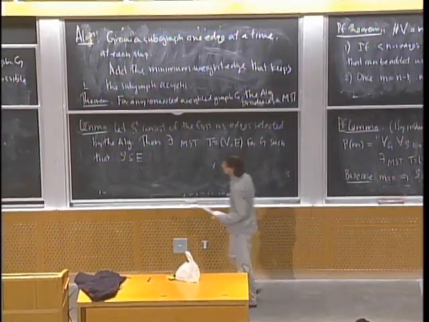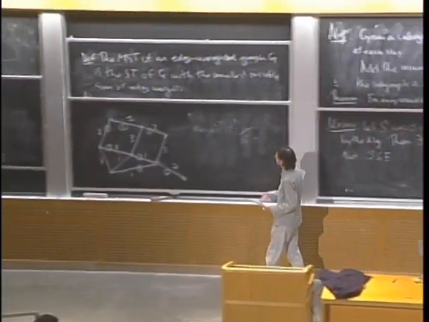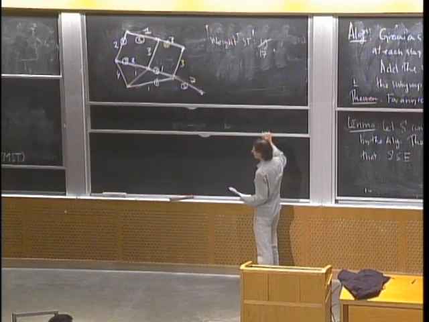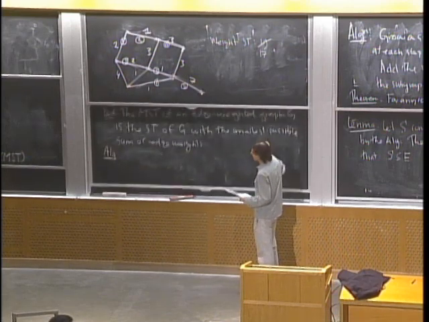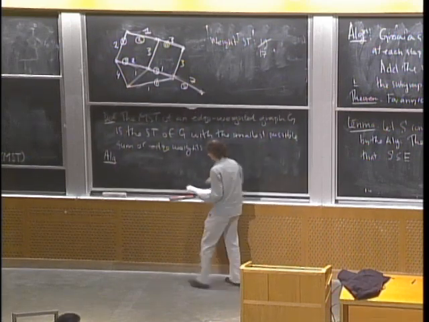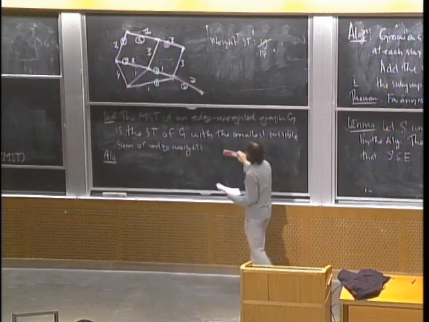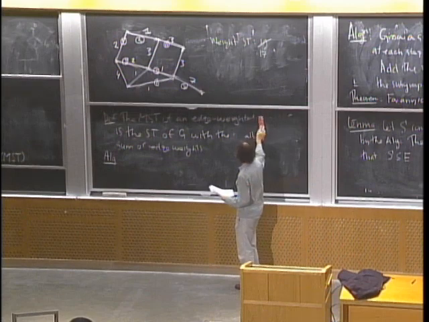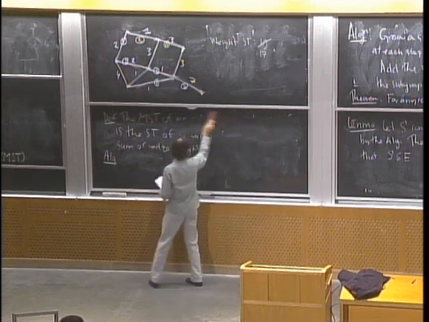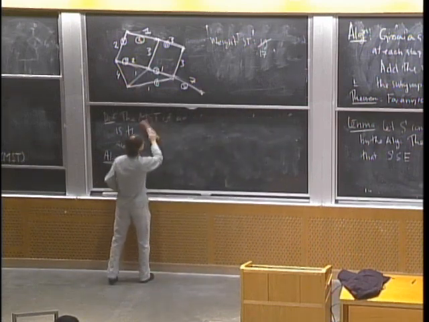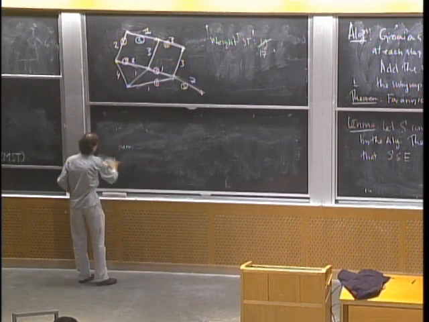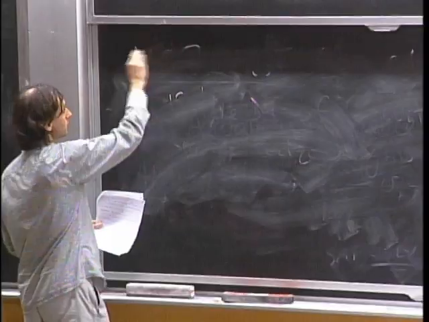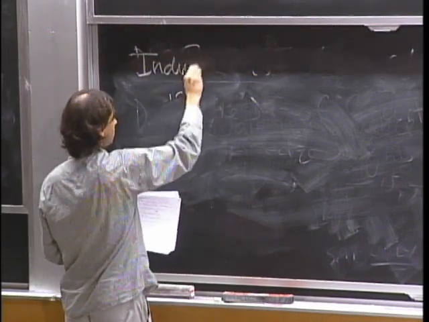I think I will go and prove this over here. So let's look at the inductive step, and then hopefully we can play a little bit with this picture up here to get some insight. So how do we do this? Well, with an inductive step, we start as usual.